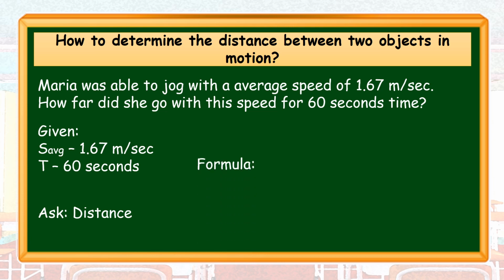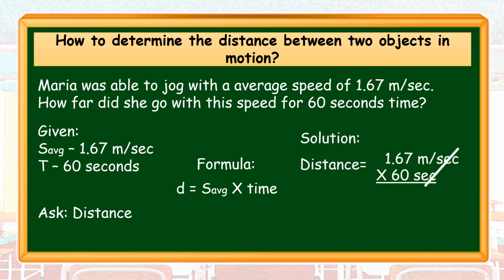For the formula, we have distance is equal to speed times time. And for the solution, multiply 1.67 meters per second by 60 seconds. Don't forget to apply cancellation of units to eliminate the unit seconds. So the final answer is 100.2 meters. Maria was able to jog for about 100 meters.